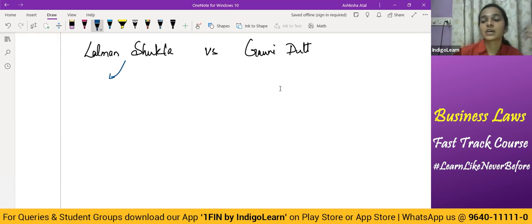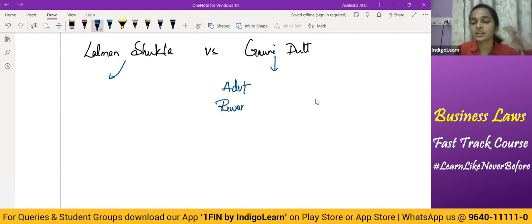After Lalman goes out, Gauri Dutt gives an advertisement in the newspaper that whoever finds my nephew, I'll give that person a reward. Lalman does not know anything about this announcement. He's still on his search, finds the nephew, brings the kid back to Gauri Dutt and goes back to his home.